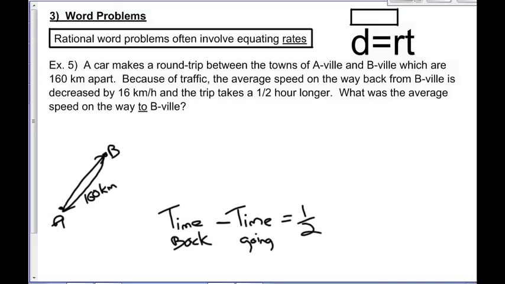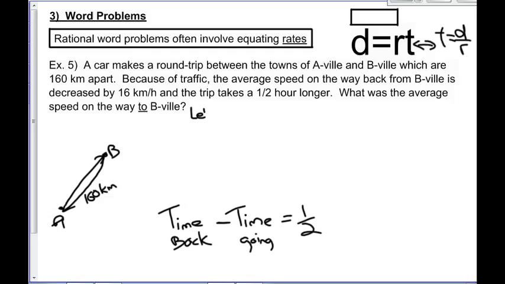Okay, that's the difference in the time. Now we'll need to find some expressions for the time. So distance is rate times time. We could also say time is distance over rate. And that's a rational statement. So that's probably one that we'll use here, seeing as it's the section on rational functions or rational equations.